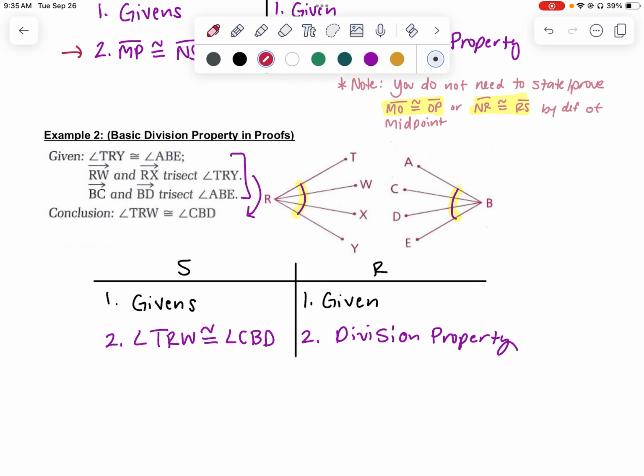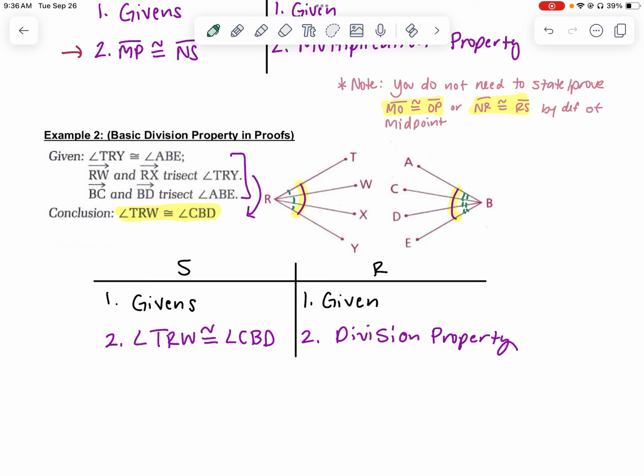So this angle has been divided into three congruent angles. We could prove it, but we'll see here we don't need to. And ray BC and ray BD trisect angle ABE. So those three angles are congruent. Okay, the proof is asking us to prove that angle TRW is congruent to angle CBD.